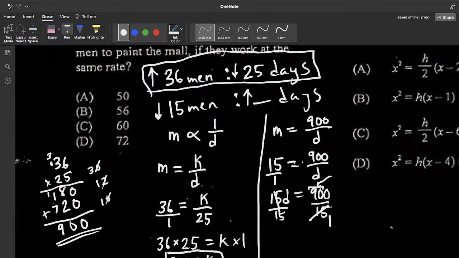So we have 15, 15 plus 15, 30, 30 plus 15, 45, 45 plus 15, 60, 60 plus 15, 75, 75 plus 15, 90. That's 6 times. So if you look at it, it's going to be a 6. Then we have the 0 here. Okay, so then therefore, our answer is 60 days. So then this is the answer right here. Okay, it's quite a bit of work to do this one, but this is how this one is done.